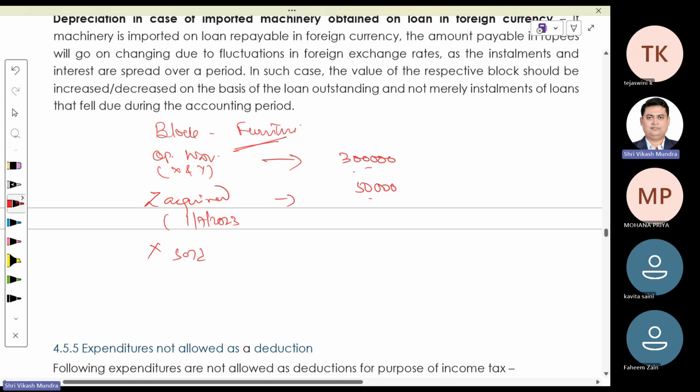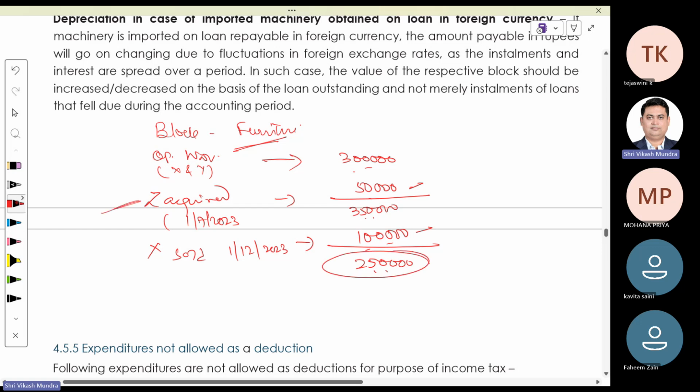Furniture X was sold on 1st December 2023 for rupees 1 lakh. Now calculate depreciation. In this situation, we shall add this value and reduce this. So we shall add 3,50,000 and reduce 1,00,000, giving 2,50,000. Since the acquired asset was put to use for more than 180 days, on this value we shall calculate depreciation at the rate of 10%, which comes to rupees 25,000. Our depreciation would be 25,000.